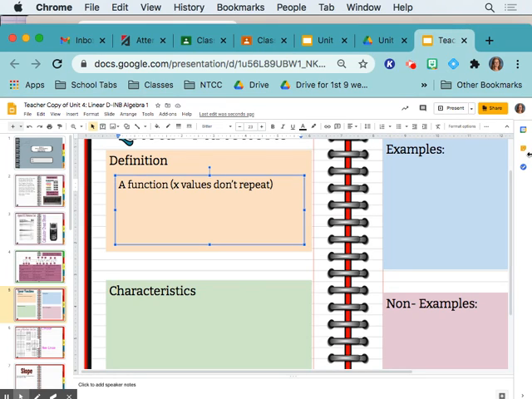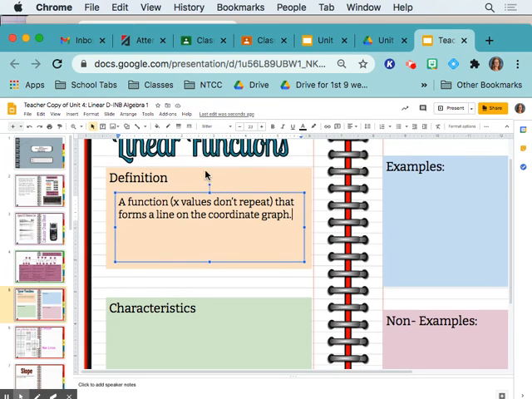A function, okay, x values don't repeat. A function that forms a line on the coordinate graph. So if it's a linear function, the root of linear is line, linear. So a function that forms a line on the coordinate graph.